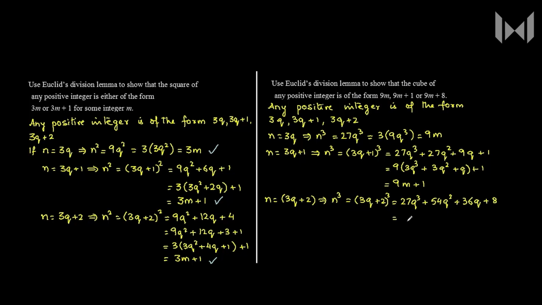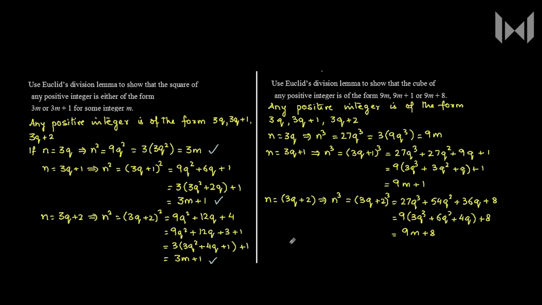And this is equal to, you get 9 common from the first 3, 9 times 3q cube plus 6q square plus 4q, plus 8. And that is equal to 9m plus 8.